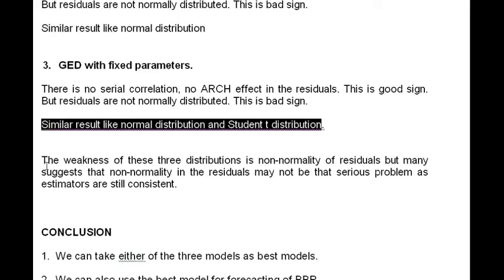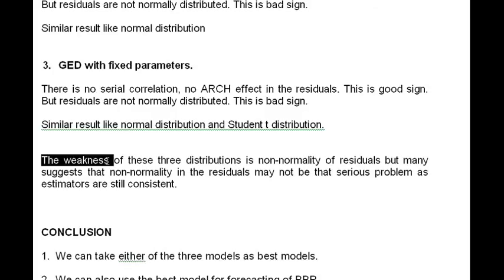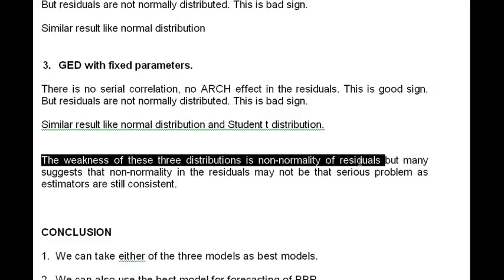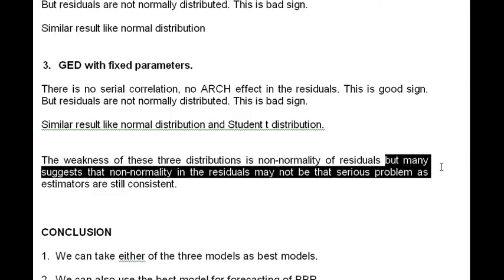So what is the problem of these three models? The weakness of these three distributions is non-normality of residuals. What is it? Non-normality of residuals. That means residuals are not normally distributed. But many suggest that non-normality in the residuals may not be that serious a problem, as estimators are still consistent.